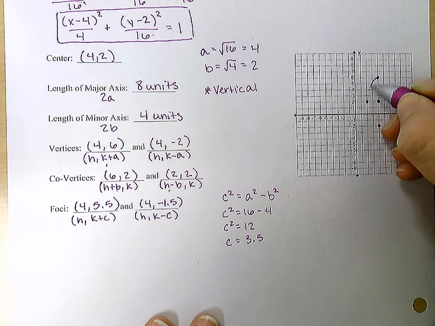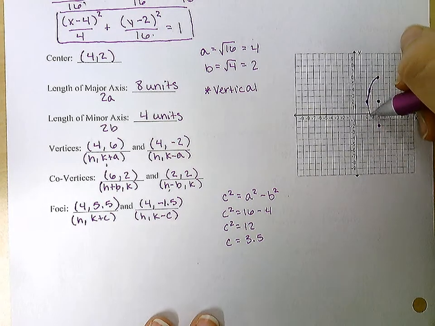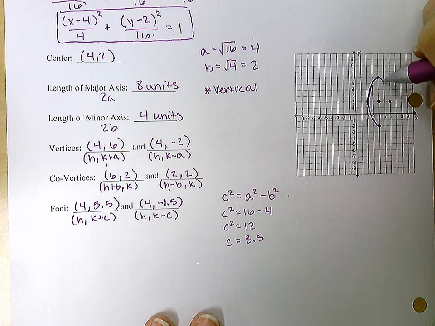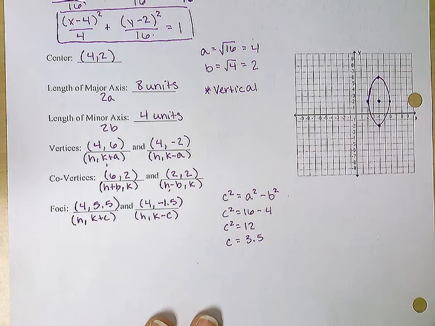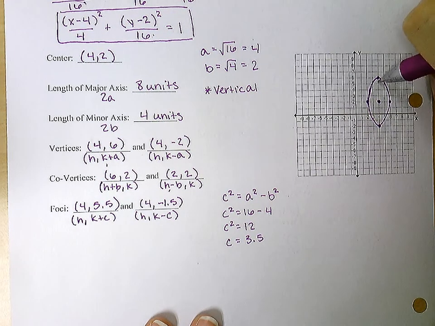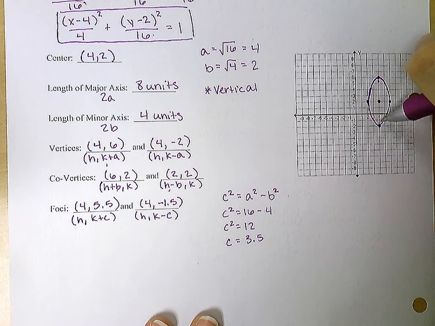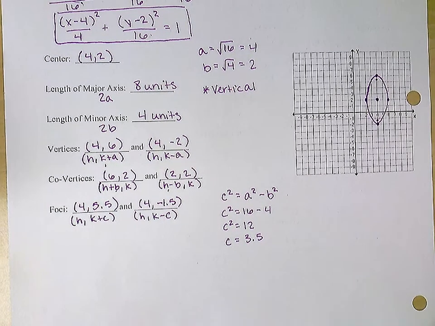Okay, then we can just connect the vertices to co-vertices to make that ellipse. We can plot our foci points, so that was at 4, 5.5, and 4, negative 1.5.